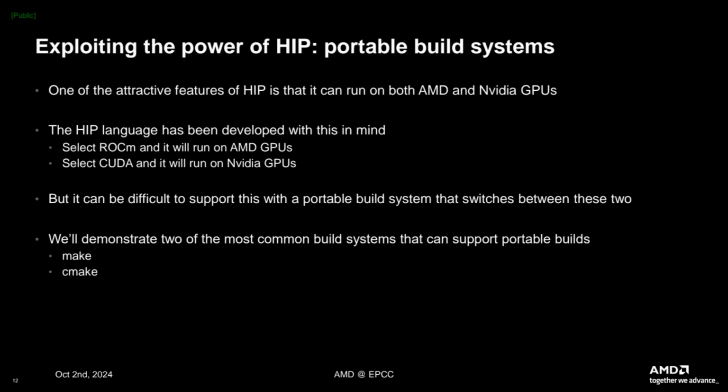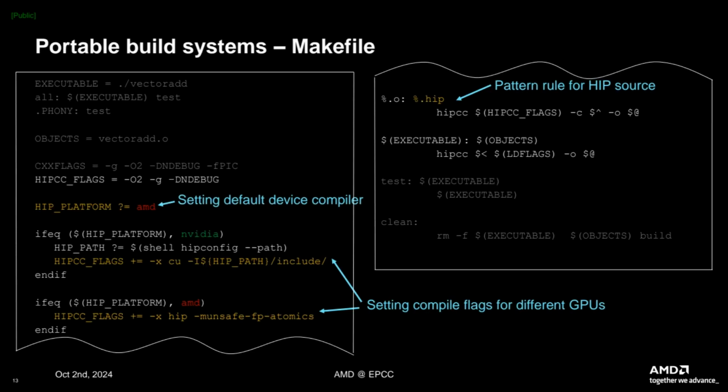Okay, so for an example of a Makefile, I have highlighted the parts that are most relevant for this discussion. In the Makefile, we can define the HIP platform variable and set it by default to AMD. And then when we actually proceed and make, we can overwrite that and set it to NVIDIA if we want to run on NVIDIA hardware.